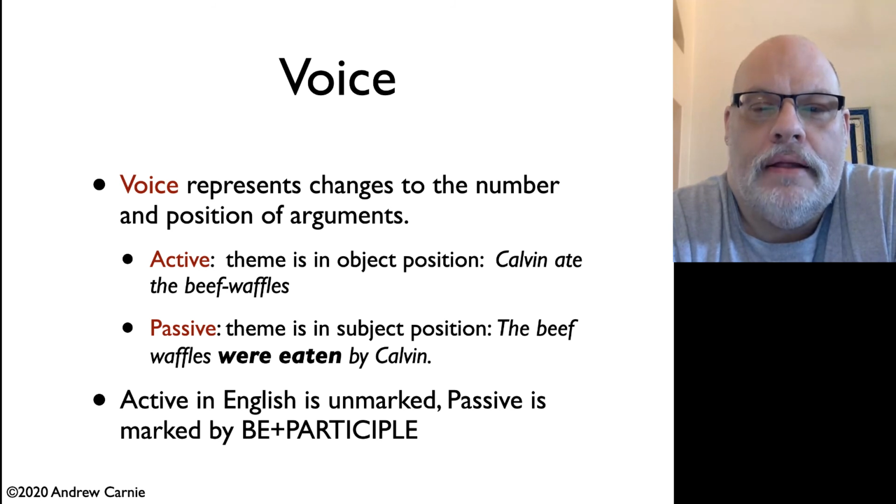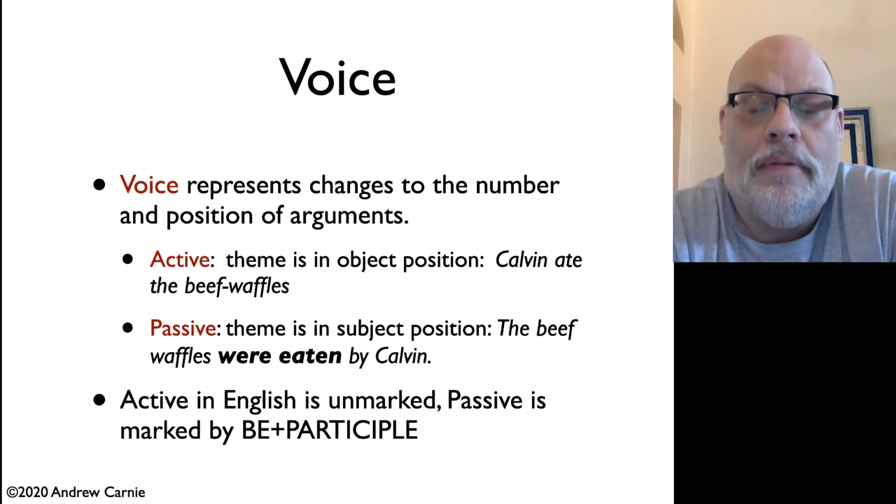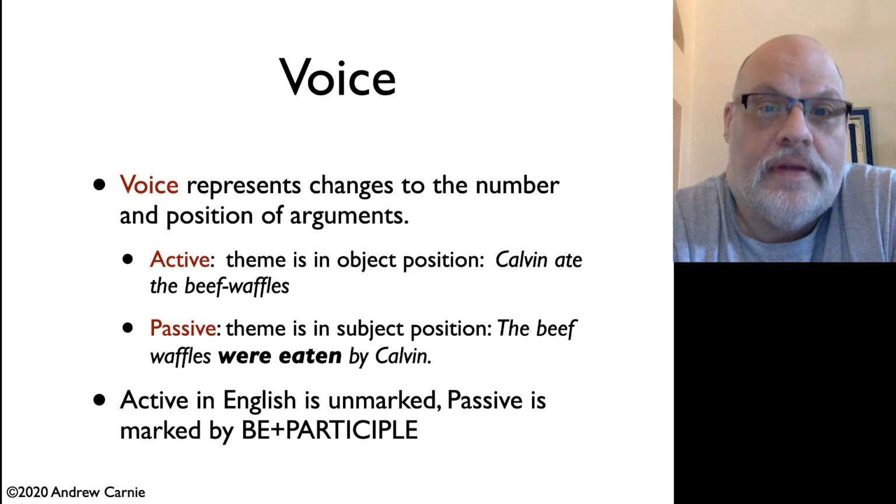So the object, if you like, the theme of the sentence, is in the complement position to a verb when you have an active voice. So Calvin ate the beef waffles. The beef waffles are the complement to the verb eat, and that means that they are in object position. This is an active sentence.